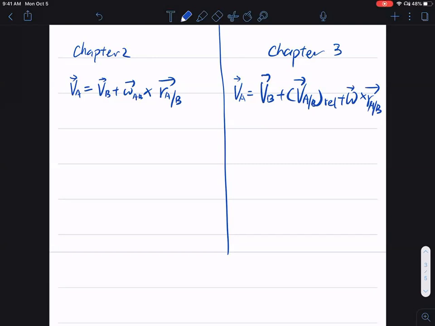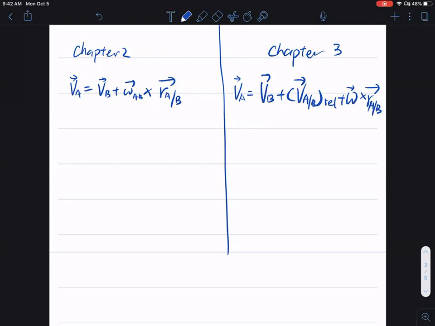There's a very significant difference here. They look very similar, right? You have two points and you can have an equation like that in chapter 2, an equation like this in chapter 3. But there's a huge difference.